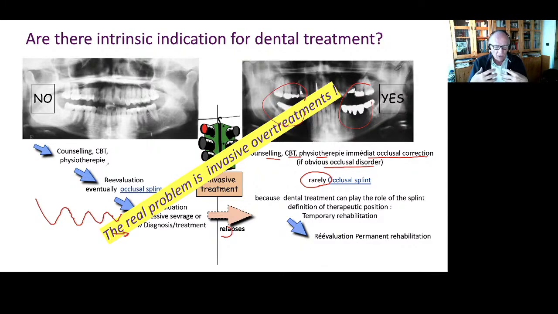So I think we do not have to correct the occlusion of many patients with TMD. A simple way of treatment is frequently efficient. But when you have to change occlusion for good reasons, in this case, when you change occlusion, we must be precise.